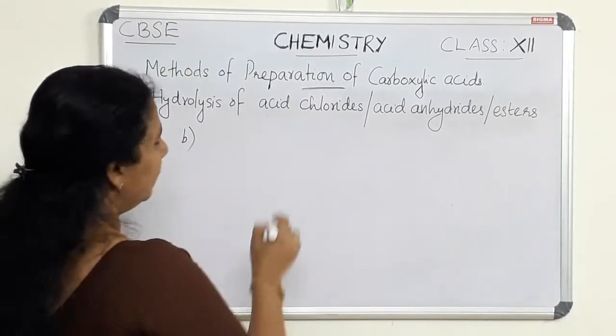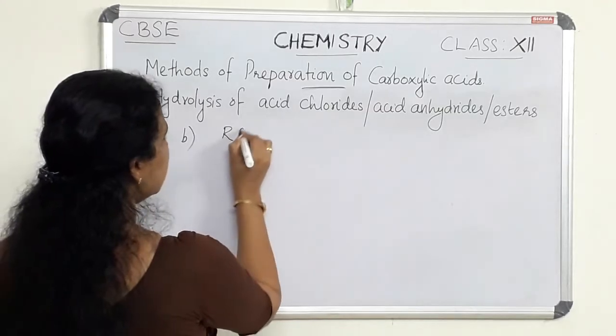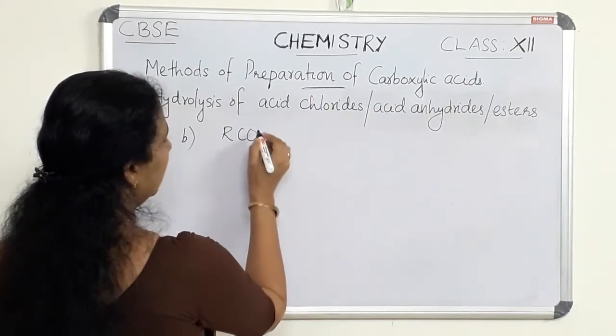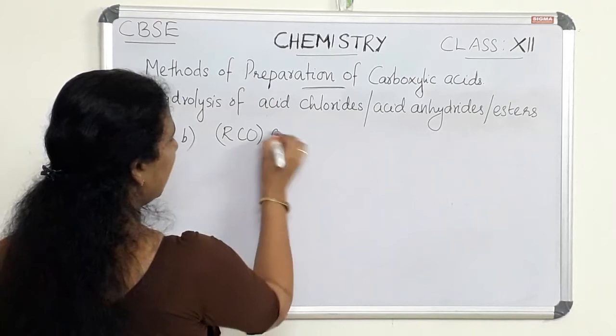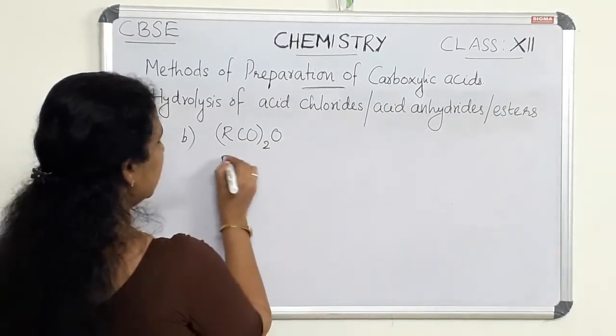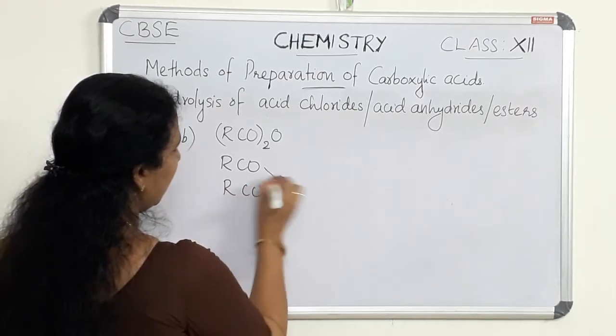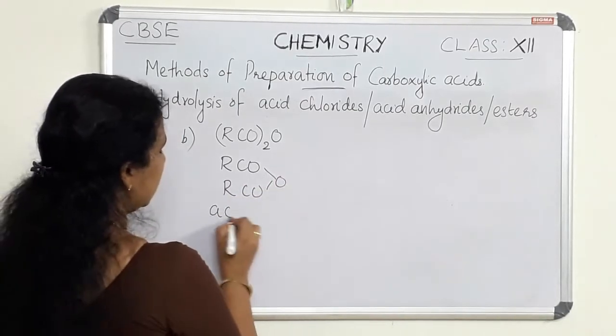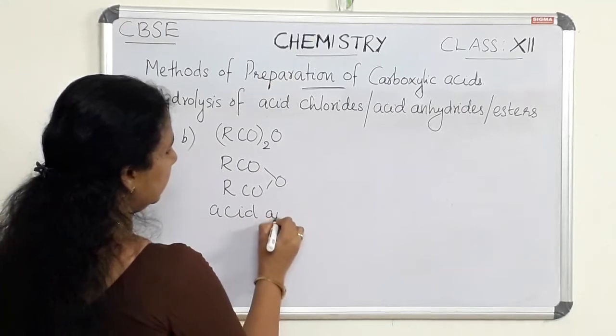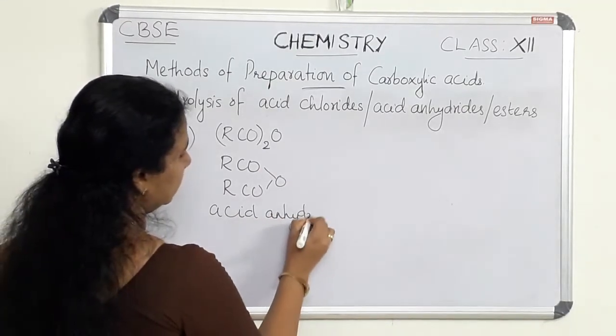The general formula of acid anhydride is RCO twice O. This can be written like this, RCO twice O. So this is the general formula of acid anhydride.